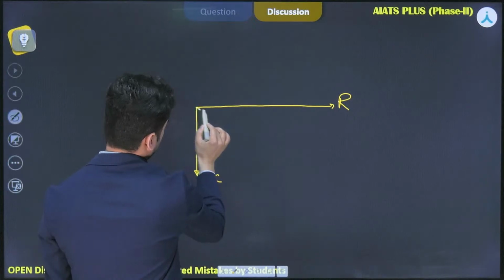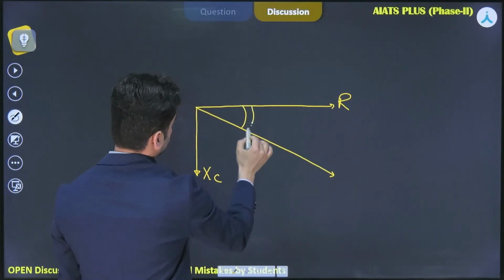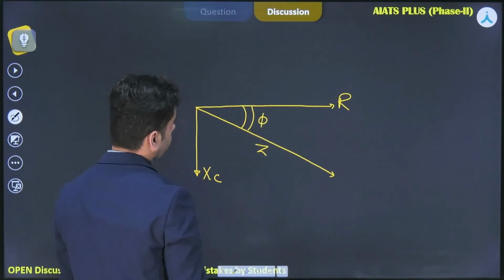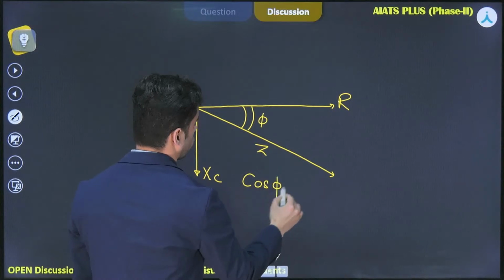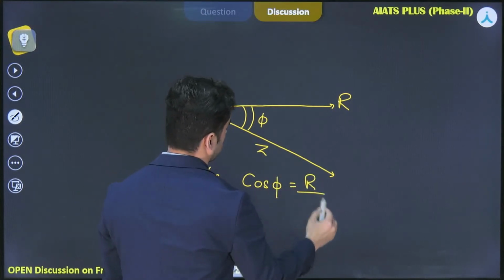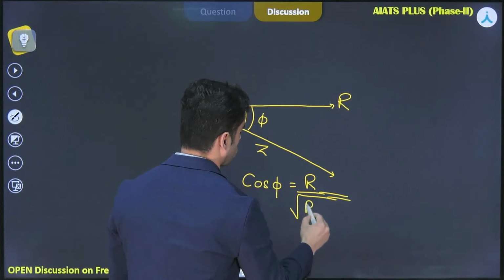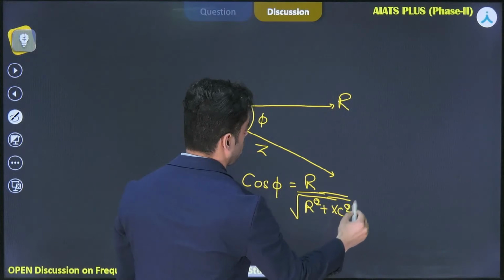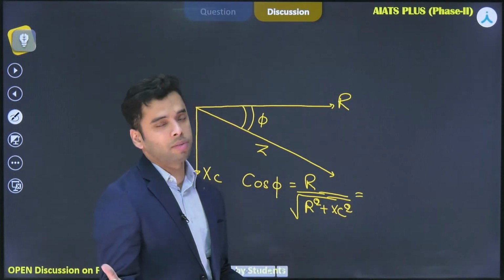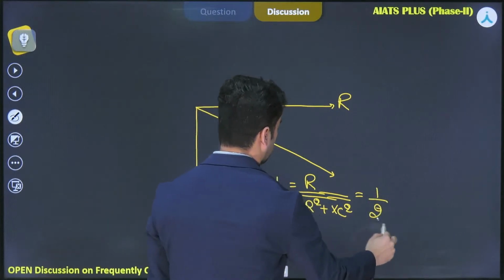So Z comes over here and this is phi. So I can write that cos phi is equal to R over Z, and Z will be equal to under the root of R square plus XC whole square, and for phi equal to pi by 3, cos 60 becomes 1 by 2. This is the first part of the problem.